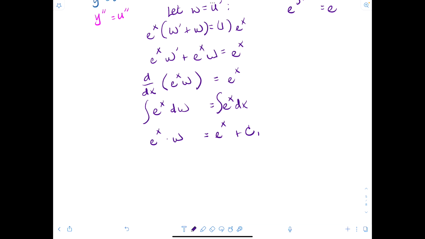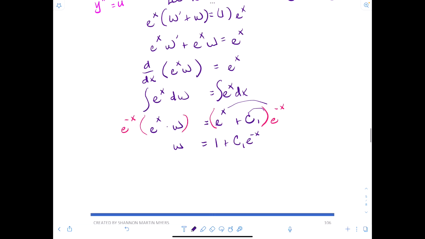And now isolating w, we multiply both sides by e to the negative x. Be careful it doesn't drop off with the constant. That gives us 1 plus c1 e to the negative x.